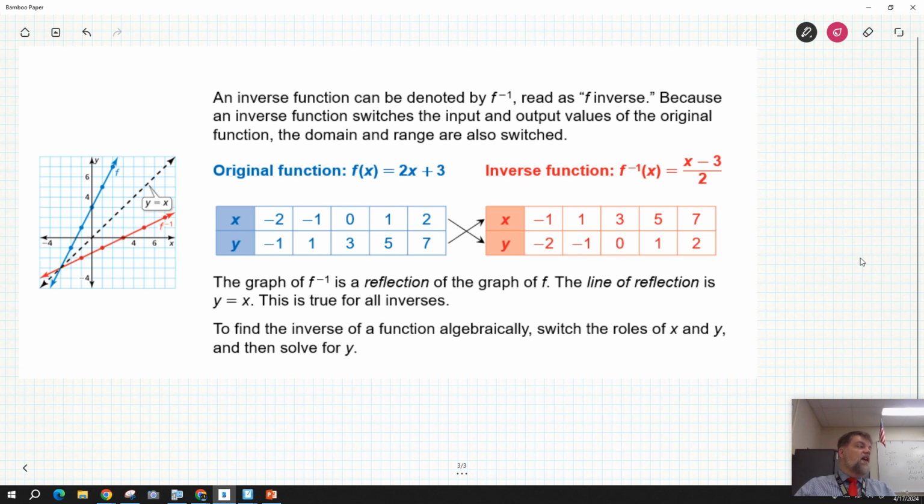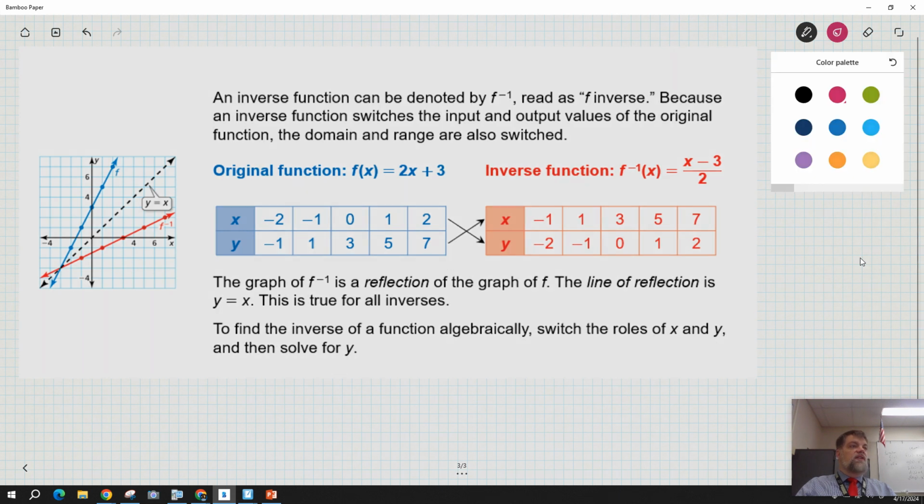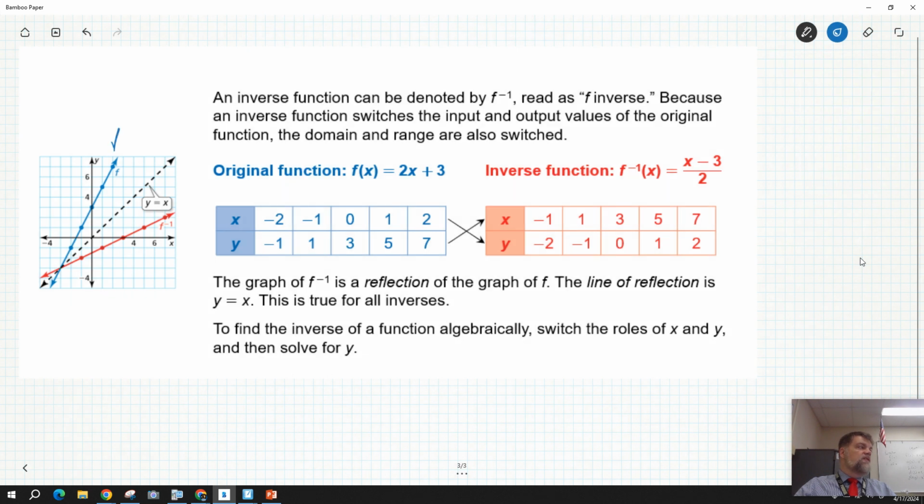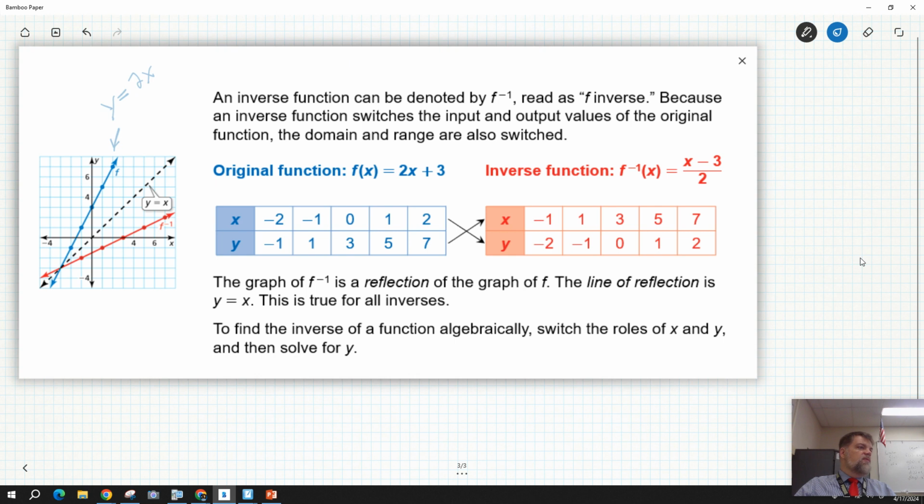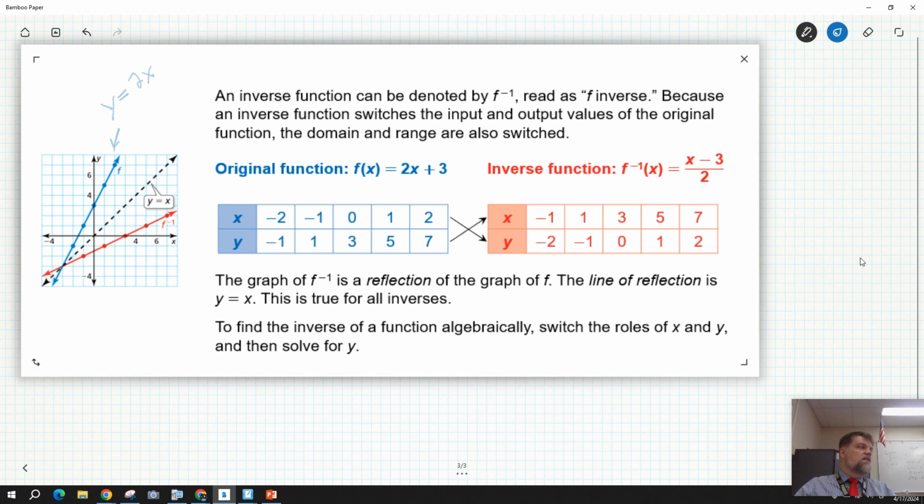So if I graph f, I'm going to leave this up and you'll have plenty of time to write it down, but just watch what I'm doing here. This is the original function, y equals 2x, was it plus 3? Yeah.